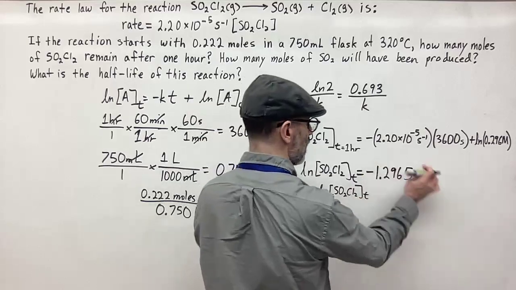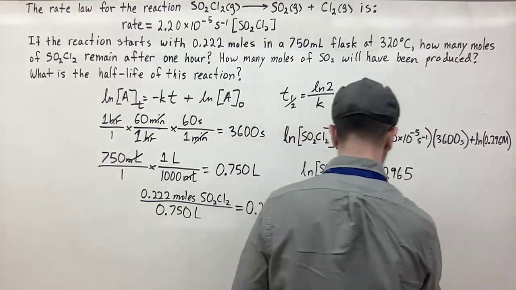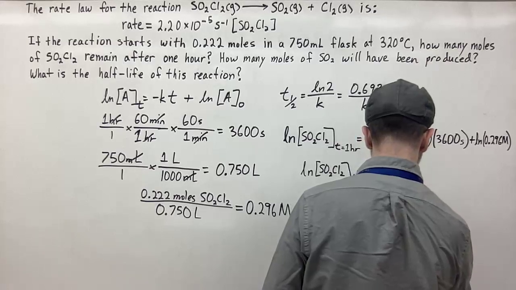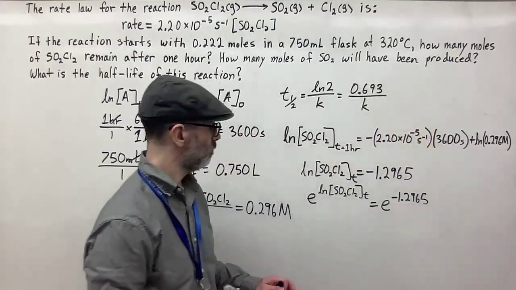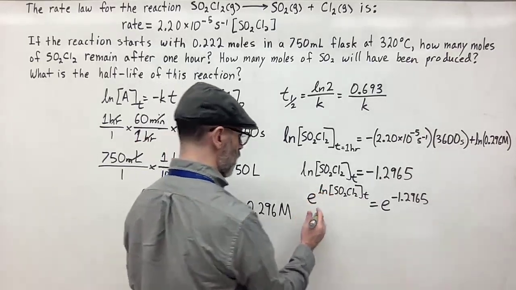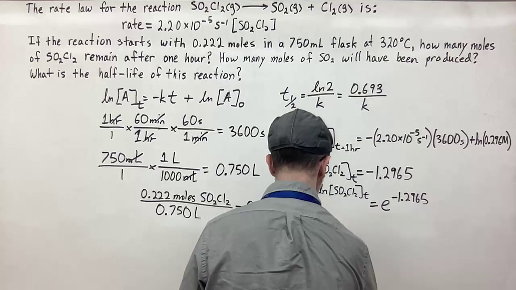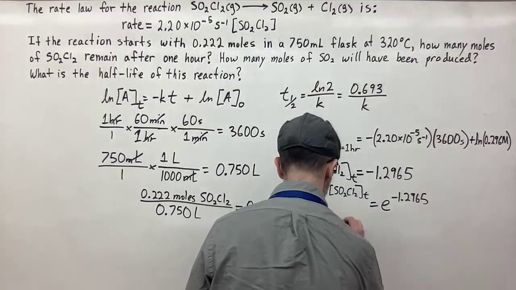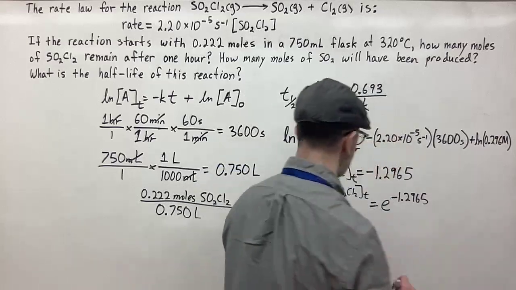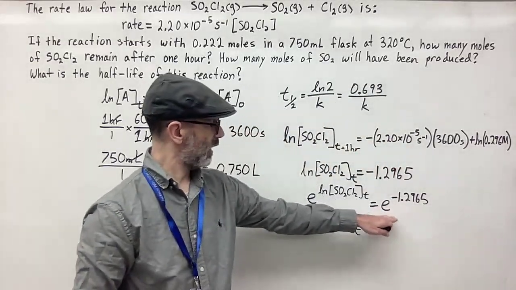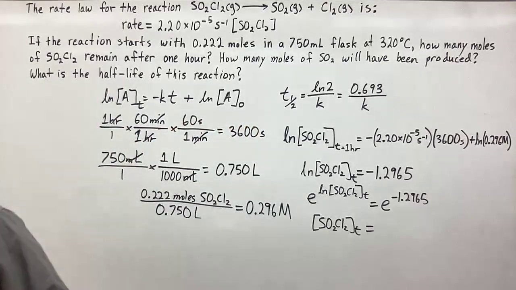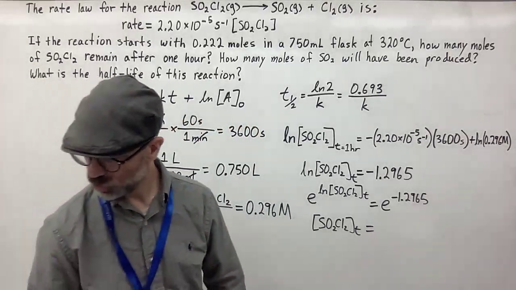We're going to raise this as a power of e, so this is going to be equal to e raised to the negative 1.2965. What's going to happen is the e and the natural log are going to cancel out, leaving us with the concentration of SO2Cl2 at time t. And then we just find e to the negative 1.2965. And when we do that, we get 0.27.